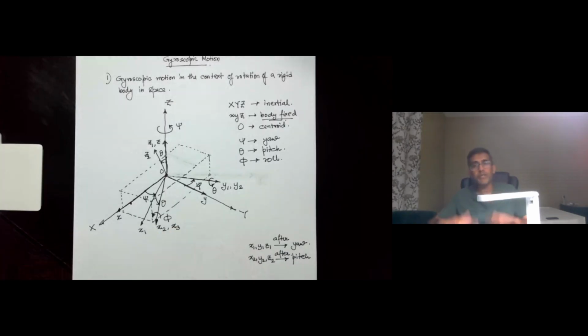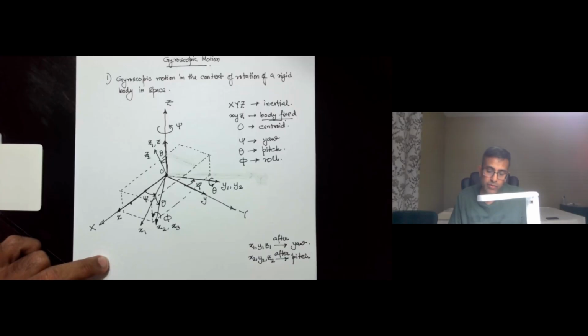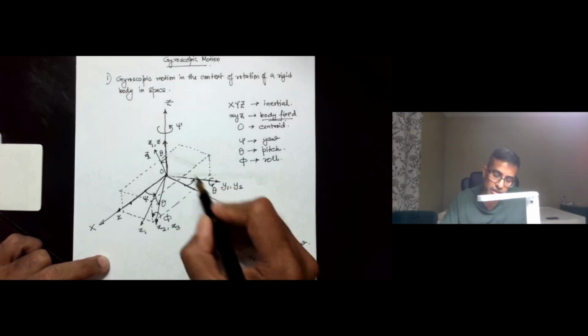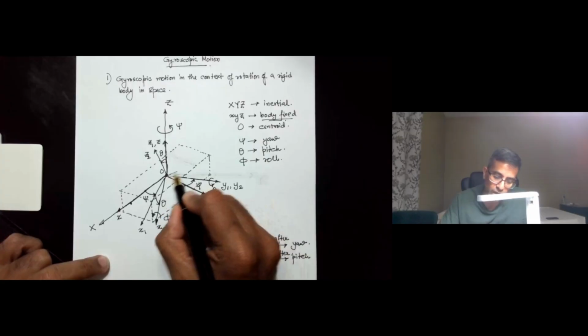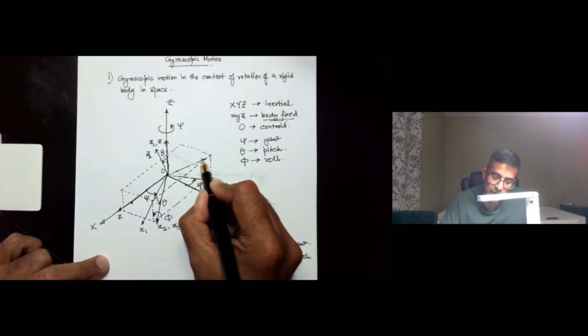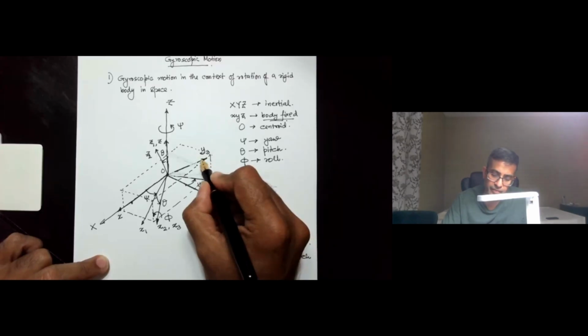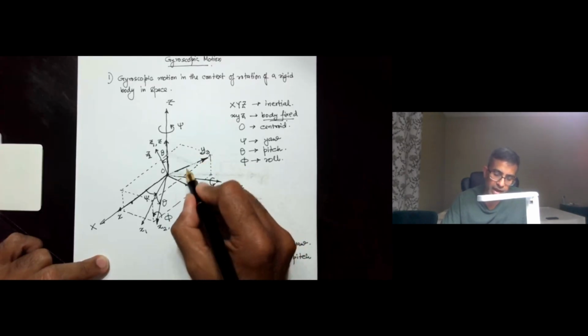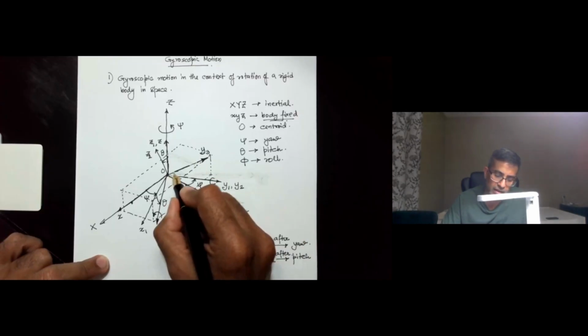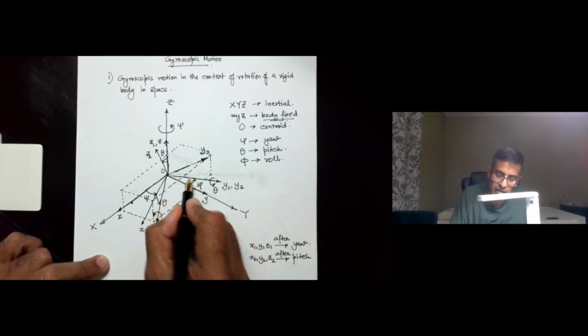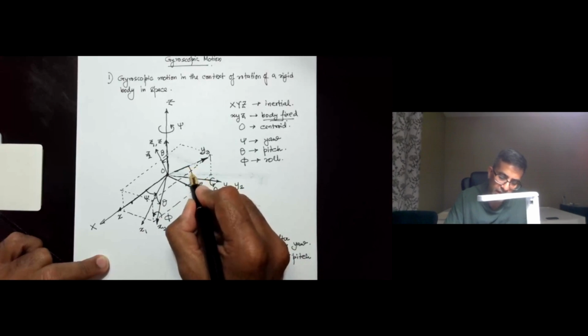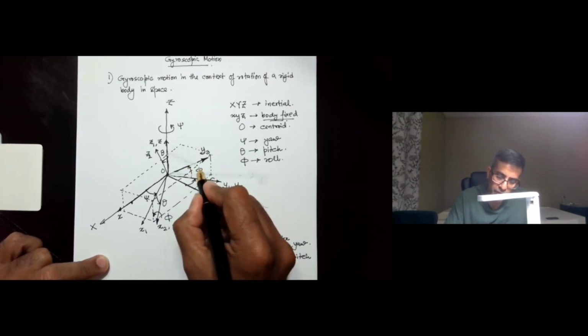So x3, which is the new x2 axis, will be coincident with x2 because the rotation is being given about the x2 axis. Now, as a result of this, the y2 axis will now climb out of the xy plane, and let's say it becomes this y3. Okay, and this angle then is going to be phi.